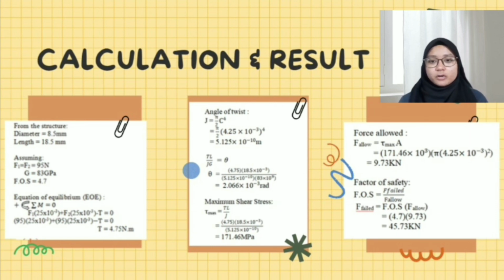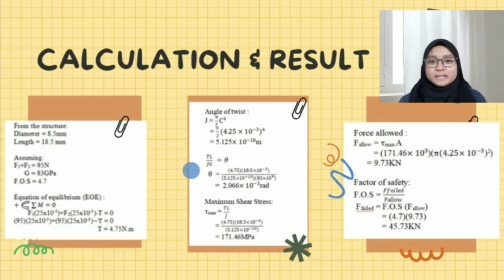After finding the value of J, we need to use the formula TL over JG equals theta to find the value of the twisted angle, and the value of the twisted angle is 2.066 times 10 to the power of negative 3 radians.